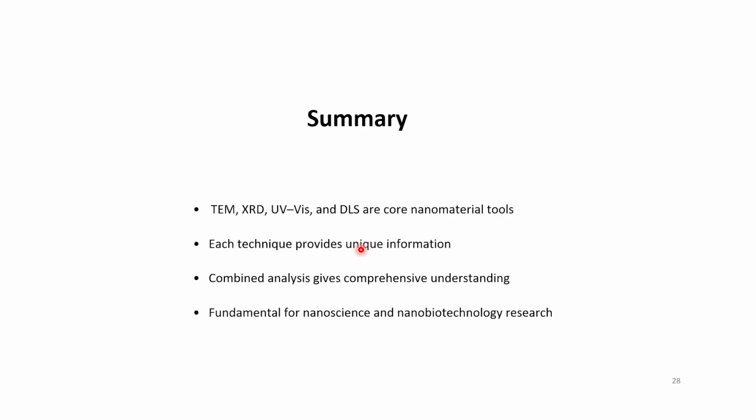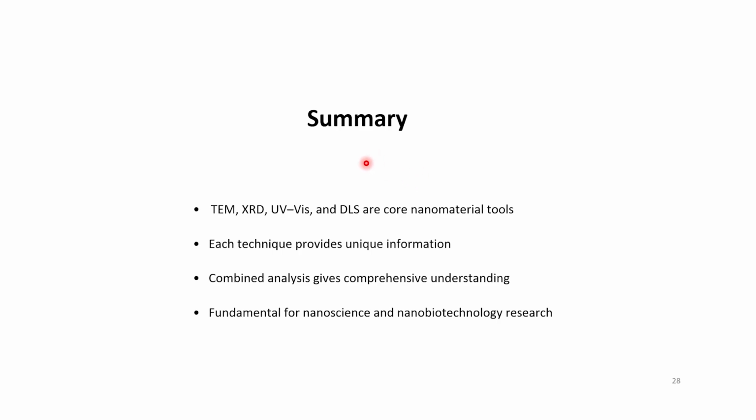Each technique provides unique information. Each of these techniques provides a picture of your nanoparticle: one provides the atomic crystal lattice information, another provides the optical and electronic properties, and another provides the shape and size of your particle and how it is interacting.